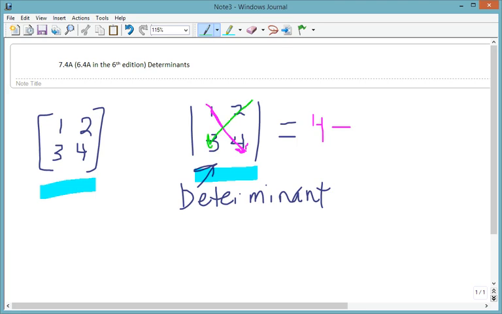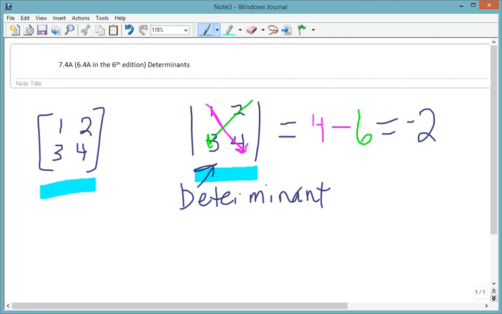Okay? So 2 times 3 is 6. And then we just do the subtraction and we get a -2. So the determinant of this matrix is -2. So we're taking a matrix, we're turning it into a number. And that's a 2 by 2.